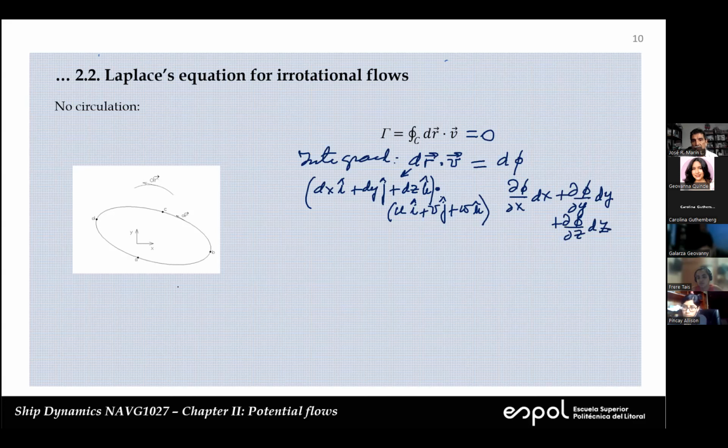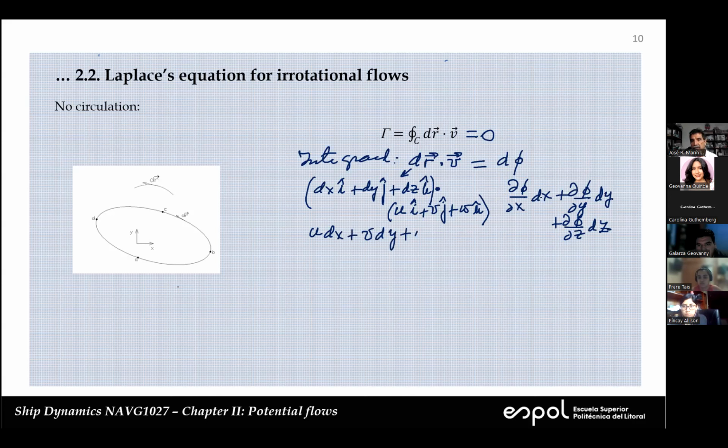Now this dot product is going to be equal to u dx, plus v dy, because the others are orthogonal, plus w dz. And this is equal to that.